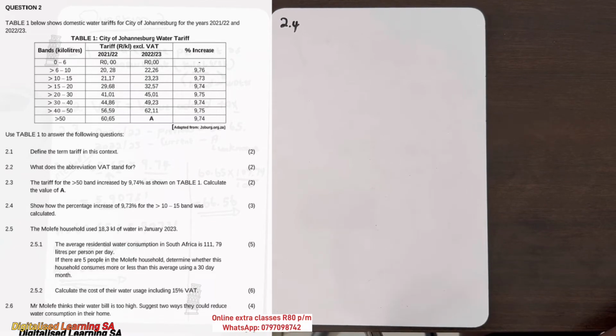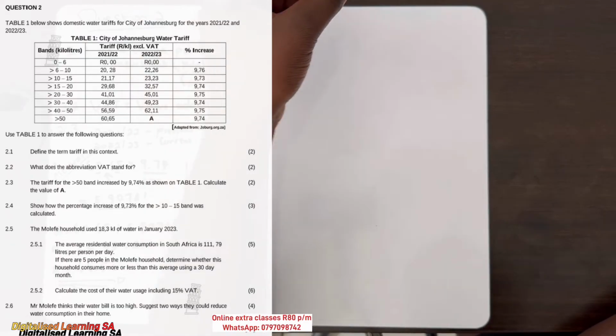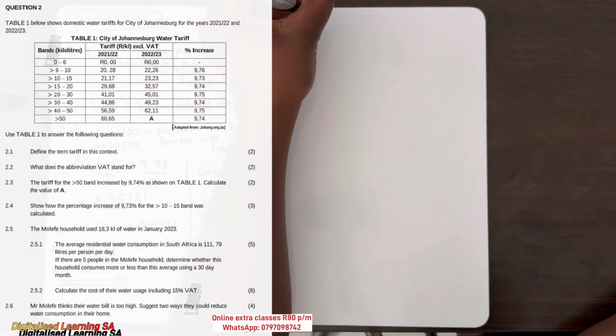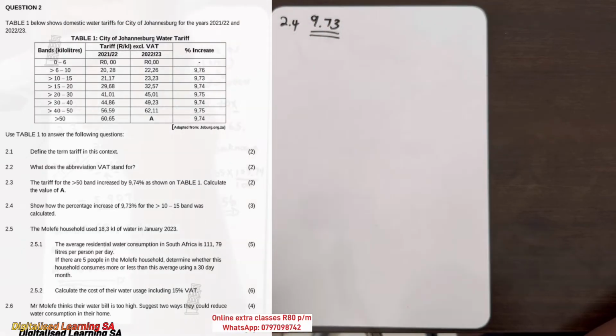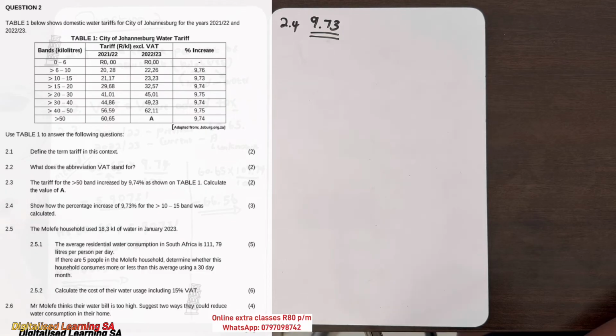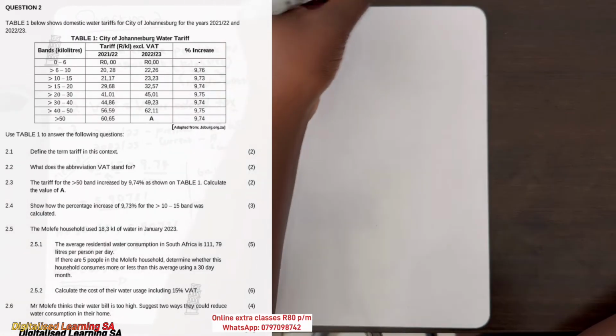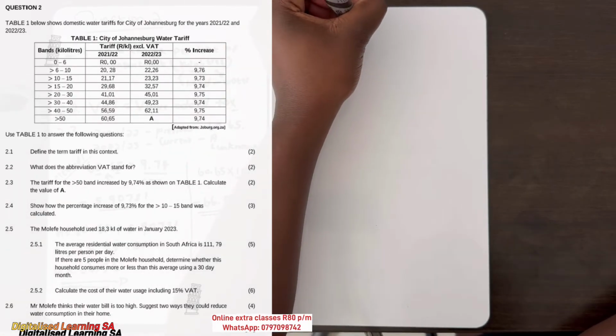It says show how the percentage increase of 9.73 for the above 10 to 15 band was calculated. So now we want to know how 9.73 was calculated, which is a percentage increase from the previous year to the current year.